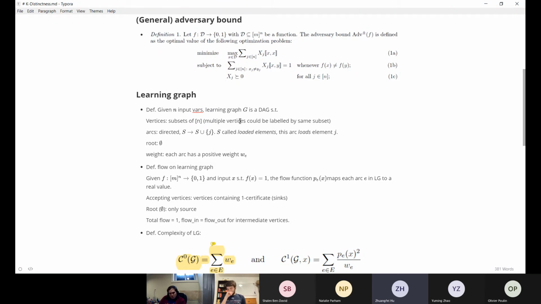By tracing the two different inputs, which map to 1 and 0, and tracing where they start to differ, we could build a cut corresponding to the learning graph, which has the total sum of flow to be 1.